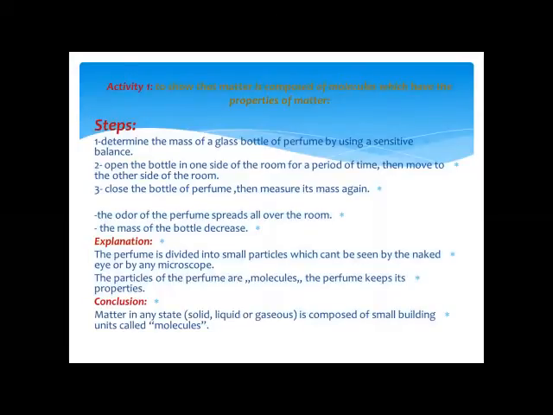To show that matter consists of molecules which have the properties of matter, we know that the cell is the smallest part in the living organism's body and has all properties of the body. We studied it in grade 4. Like this, the molecule is the smallest part in the matter and has the properties of matter.